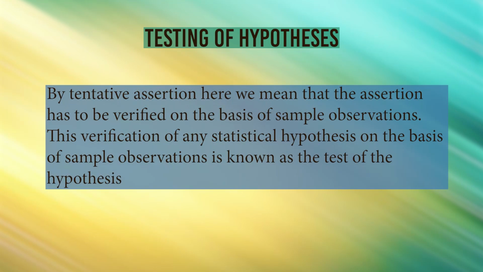By tentative assertion, we really mean the assertion that has to be verified on the basis of the sample observations, that is, in the light of the sample observations. This verification of any statistical hypothesis on the basis of sample observations is known as testing of hypothesis or test of hypothesis.